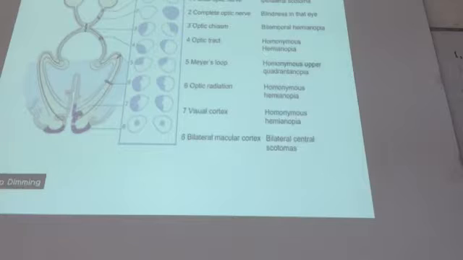Since it does that, it's going to compress exactly where everything decussates. What are the two things that decussate? Things on the nasal side. The nasal side gets peripheral vision.